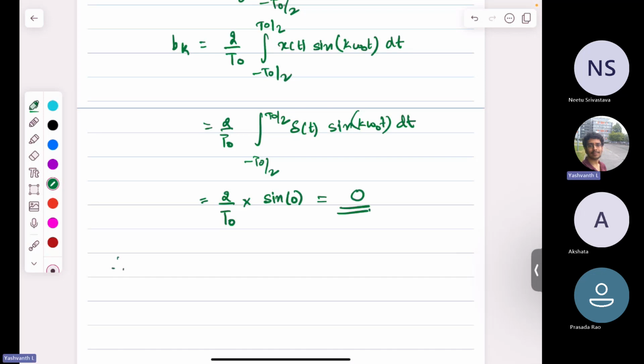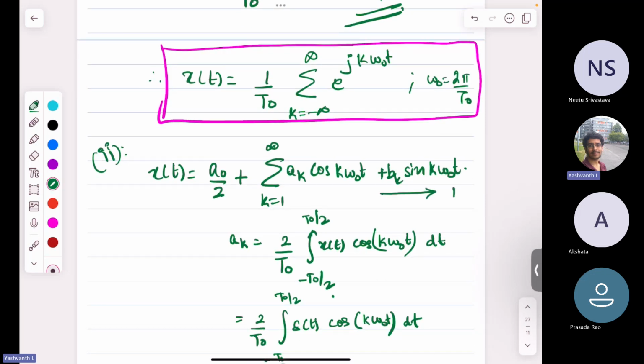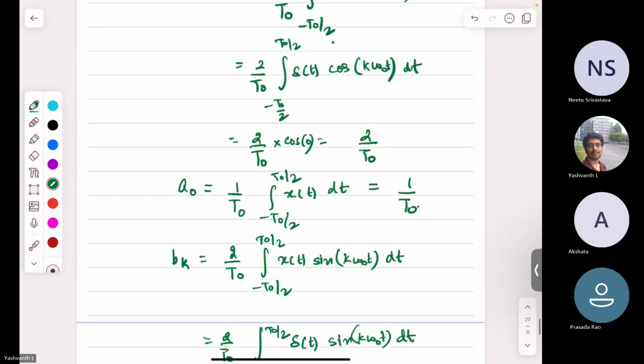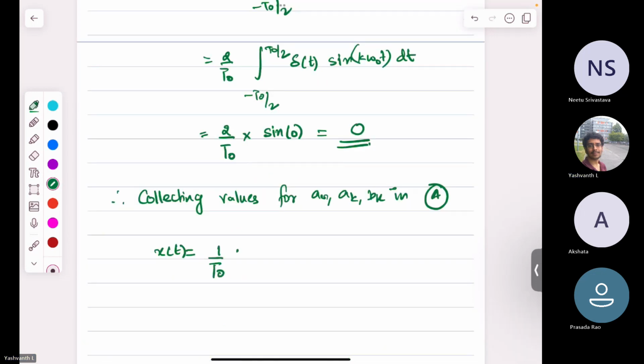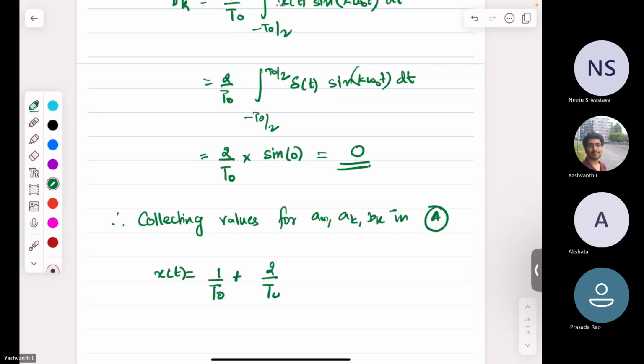Therefore, collecting all the terms, collecting values for A naught, AK, and BK in, let's call this equation A. In A, what you can show is that x of t equals A naught, which is 1 by T naught, and AK is 2 by T naught, summation k equal to 1 to infinity cos of k omega t, and BK is anyway 0, so there is no sine term.